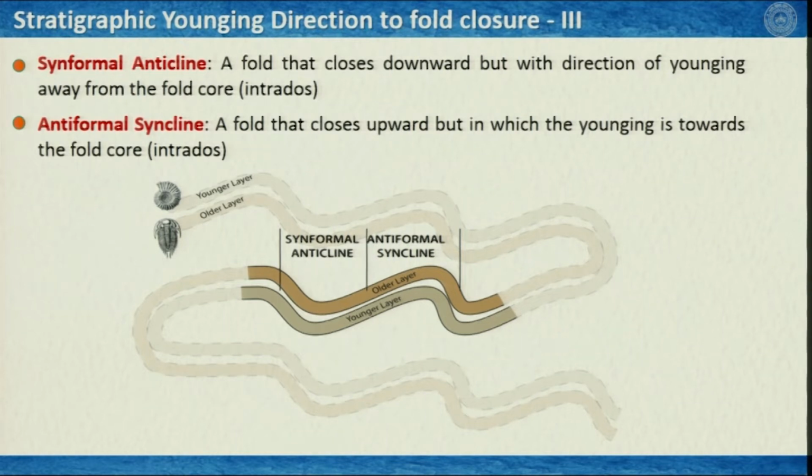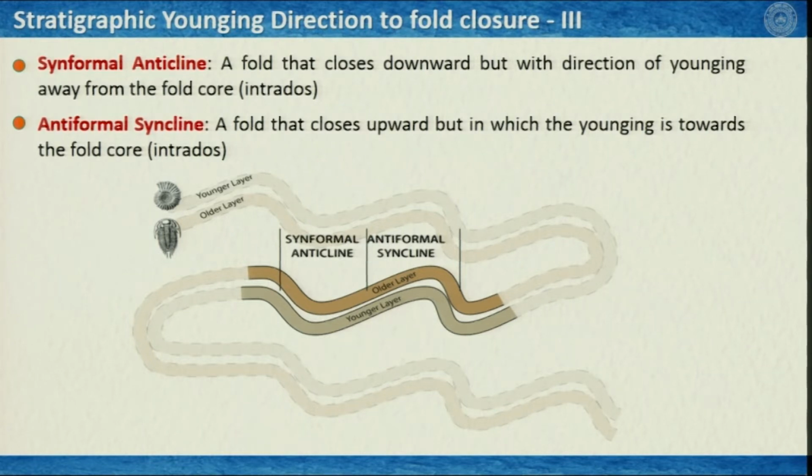The first one we will take is synformal anticline, and then we will take antiformal syncline. Now an anticline, as we learnt in the previous lecture, is when the younging direction is away from the fold core in an antiformal structure. But in this case, in a synformal anticline, it is a fold that closes downwards, but the direction of younging is away from the fold core.